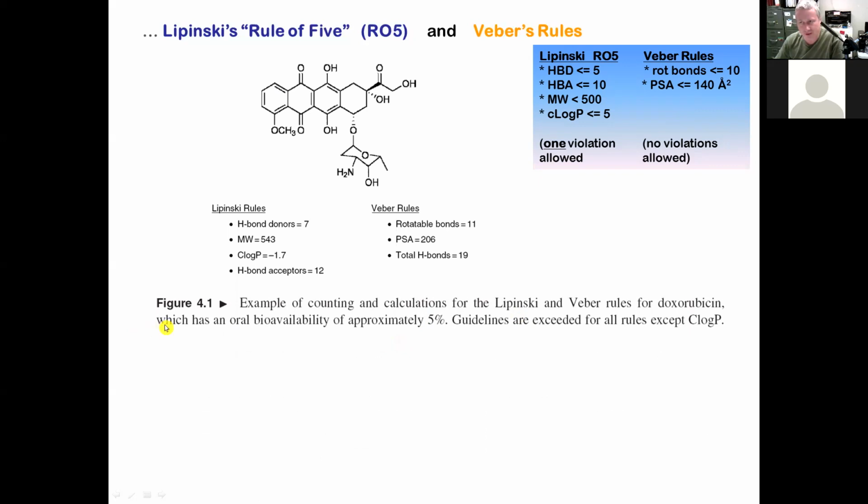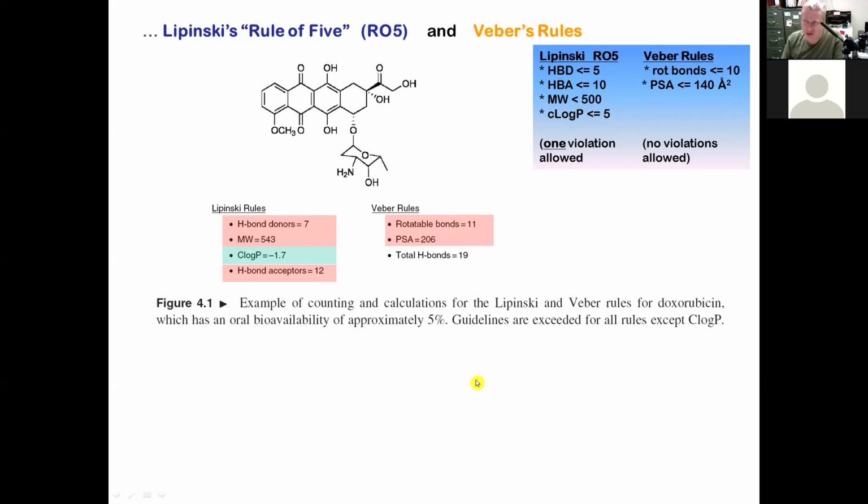And oh, look at this. The oral bioavailability is approximately 5%. Oh, wow. Okay, well, that makes sense now because it's actually in violation of the Lipinski and the Weber rules. Everything's exceeded except C log P, right? So hydrogen bond donors and the molecular weight are in violation. C log P is considered okay, according to Lipinski. Acceptors are 12. And rotatable bonds 11, PSA equals 206.